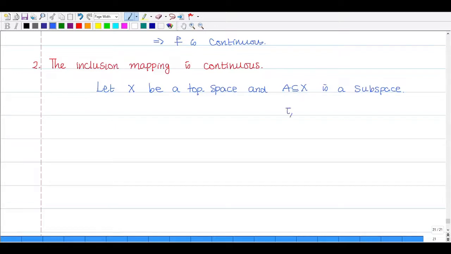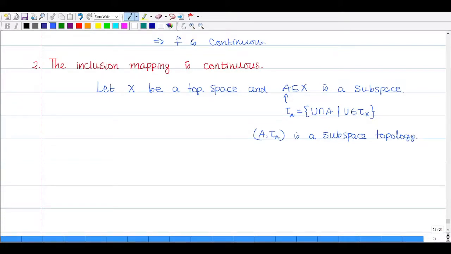It is the set of all U intersection with capital A, where U belongs to tau X. This is a topology on A. This is called the subspace topology. So A with tau A is a subspace topology.